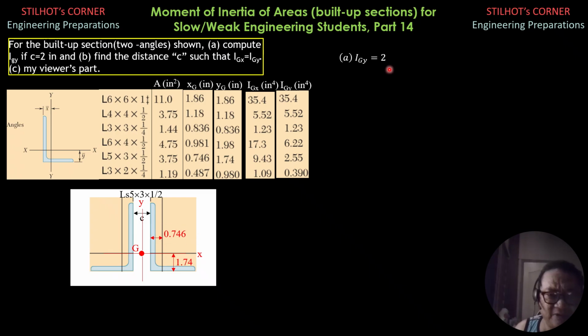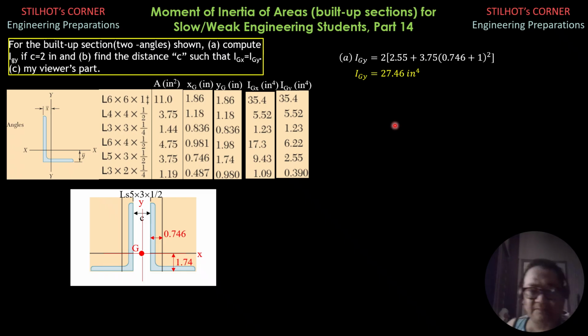So IGY equals 2 times quantity 2.55 plus area 3.75, and the distance between the centroidal y-axis of the individual angle to the centroidal y-axis of the entire angles is 0.746 plus 1, then quantity squared. So IGY is equal to 27.46 inches to the fourth.